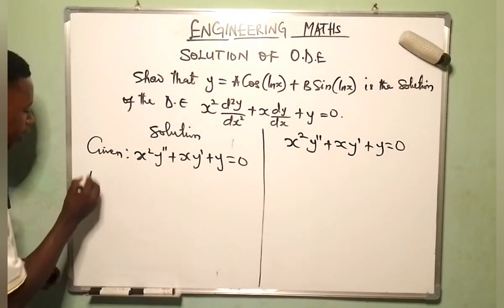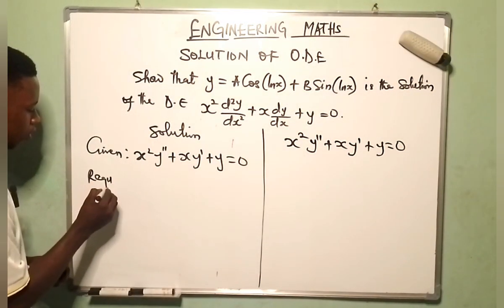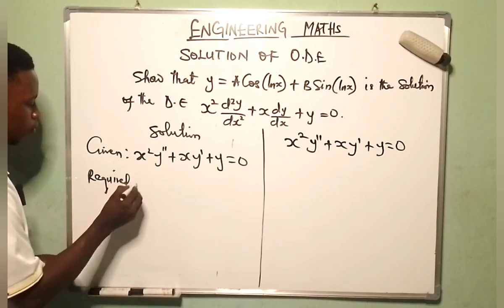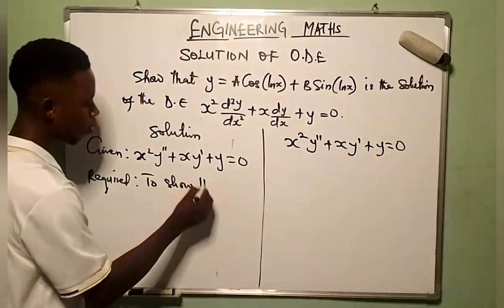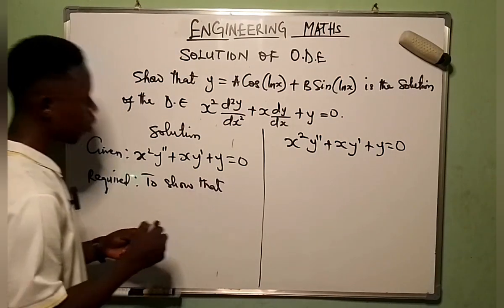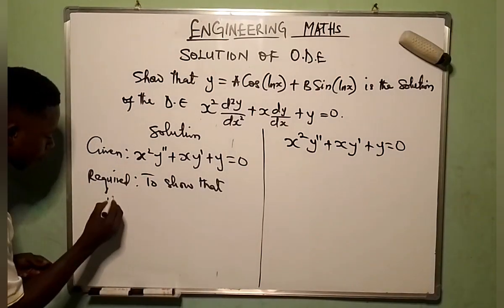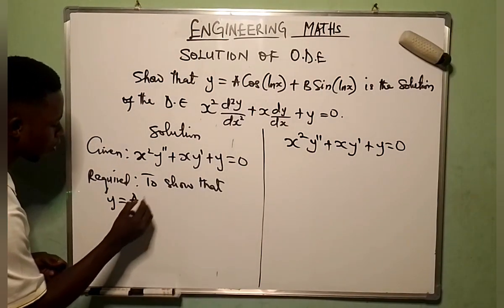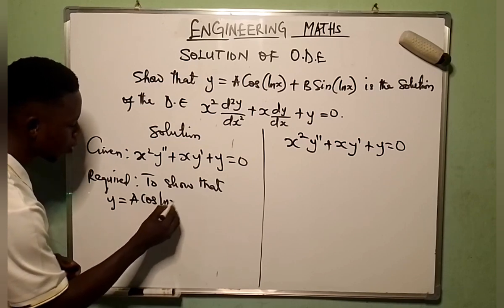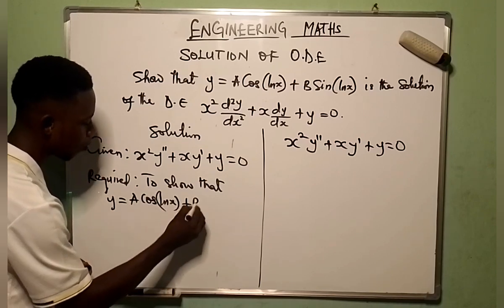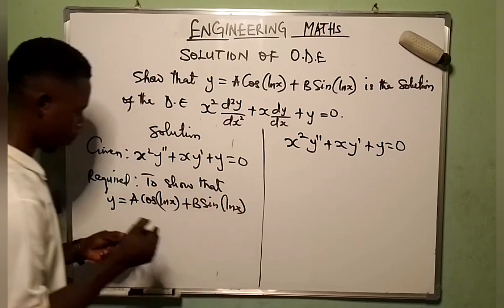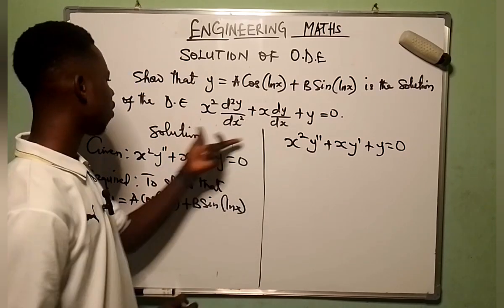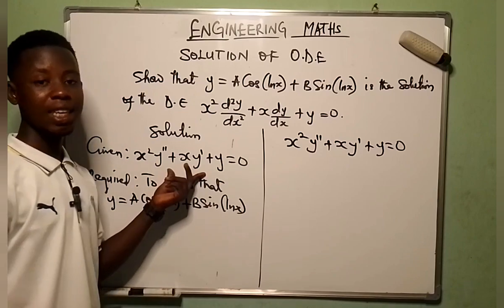Now we are required to show that y equal to a cos ln x plus b sin ln x is the solution of the DE, which is what we are given.